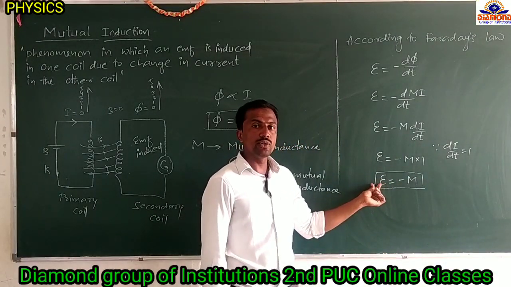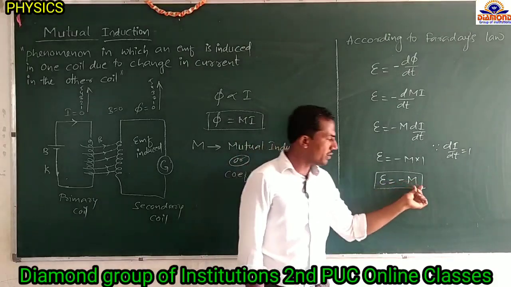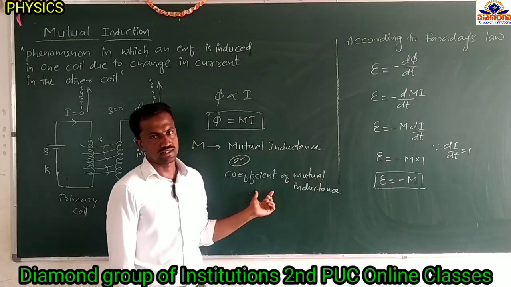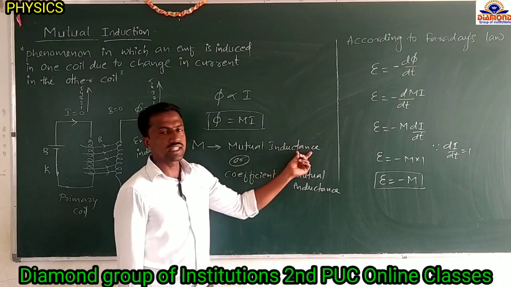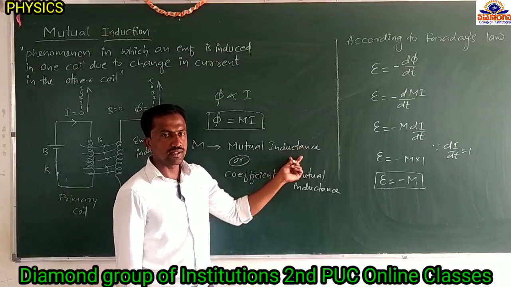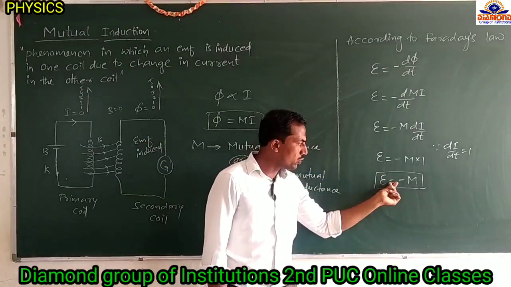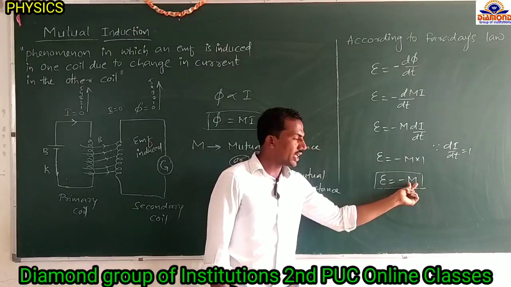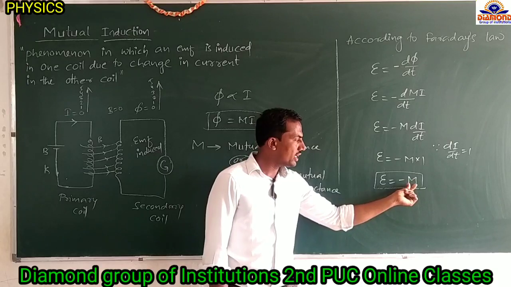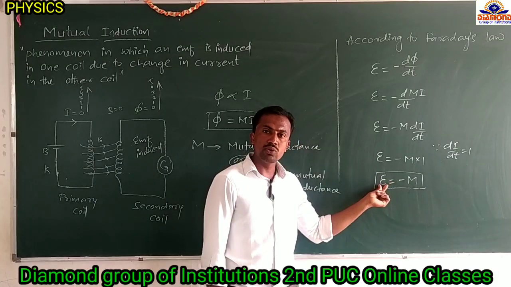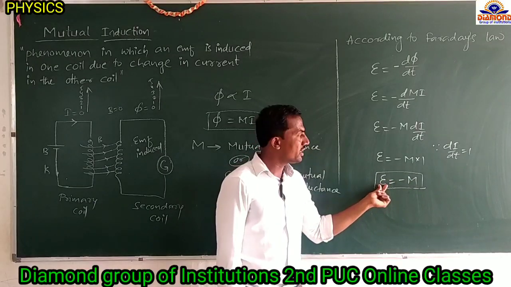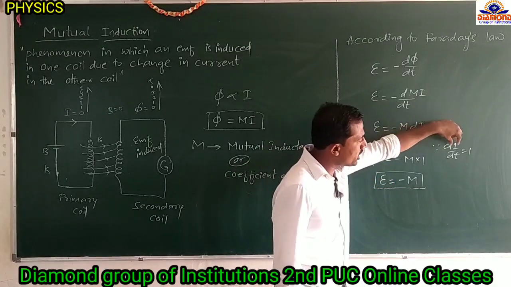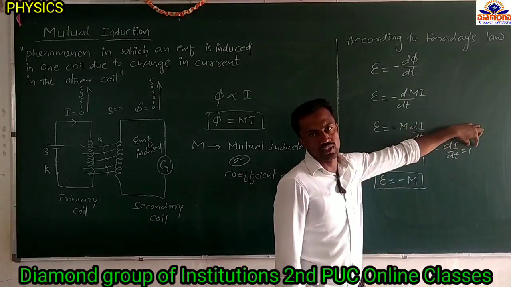What is E? The induced EMF. What is M? Mutual inductance. Then the mutual inductance of a coil is equal to the induced EMF when the rate of change of current is unity.